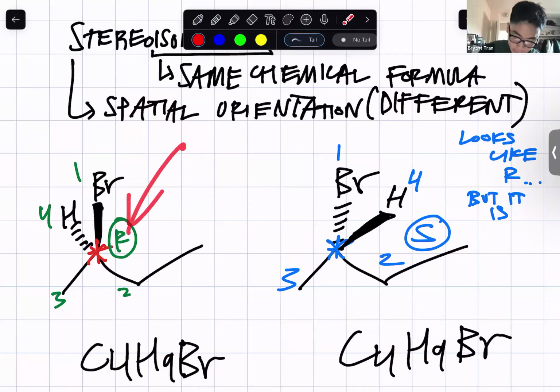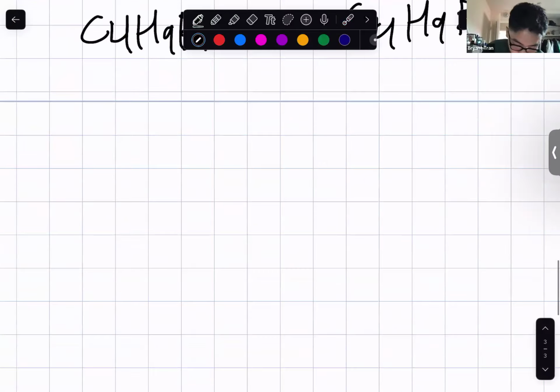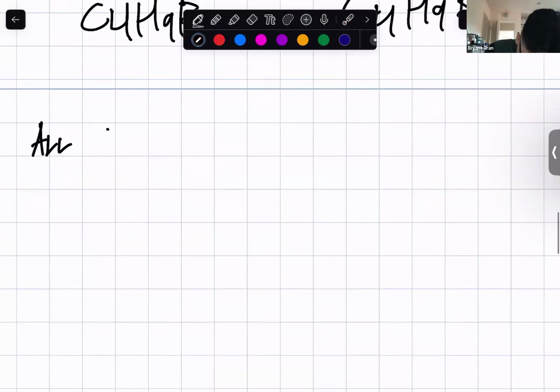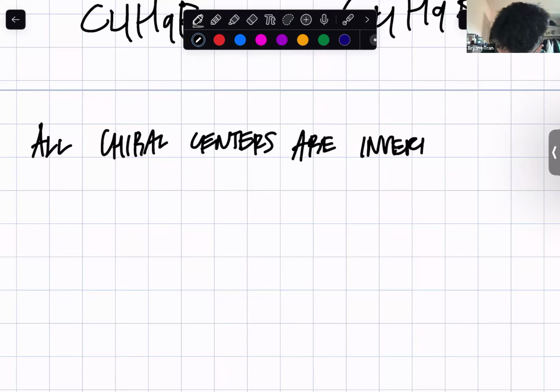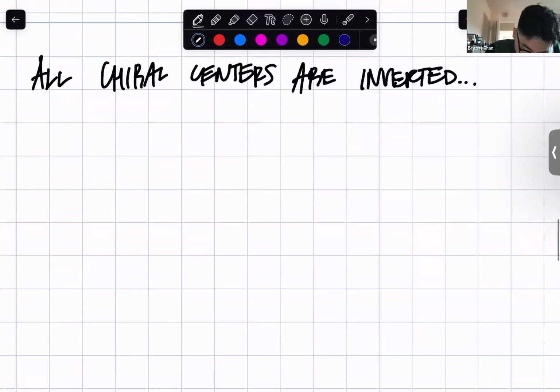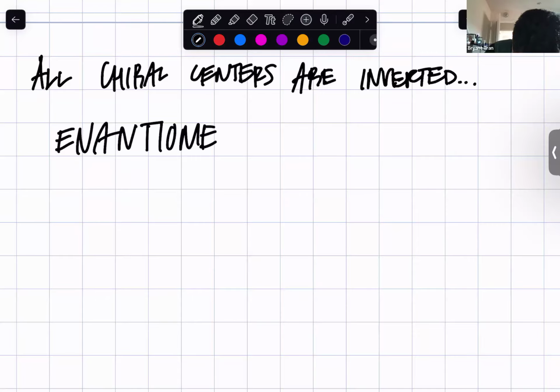Like this chiral center here is R, and this chiral center here is S. If all chiral centers are inverted, then that means that those two molecules are going to be enantiomers of each other, right?